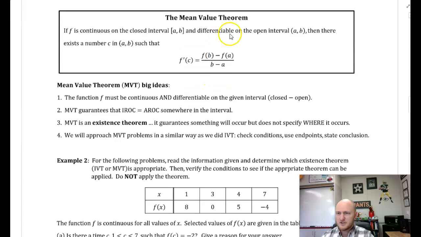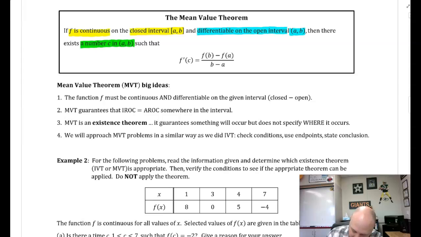So here's the mean value theorem. They say if f is continuous on the closed interval a to b and it is differentiable on the open interval a to b, then there exists a number c in a to b such that, and this is the very, very simple part, the instantaneous rate of change is equal to the average rate of change.